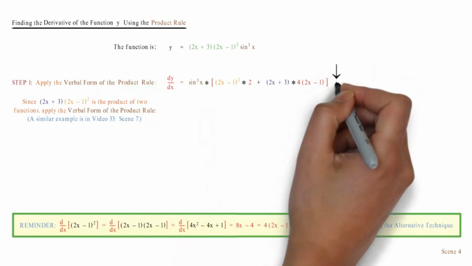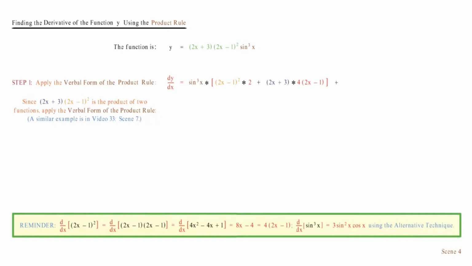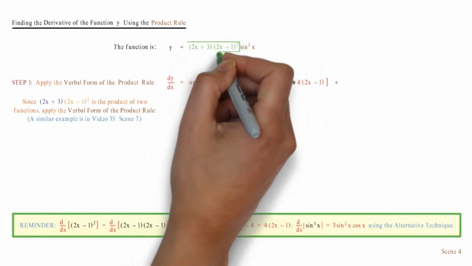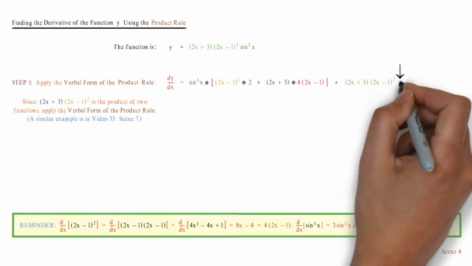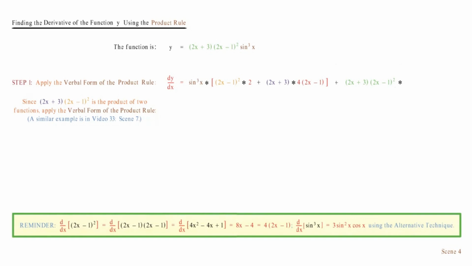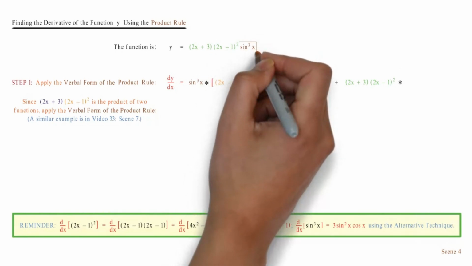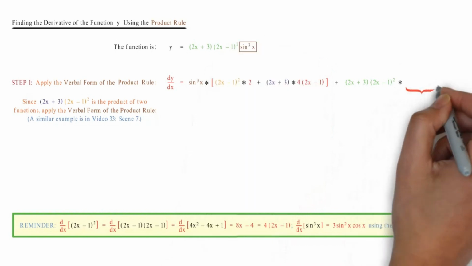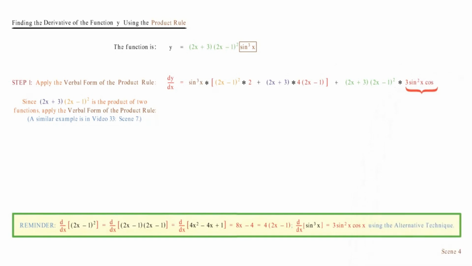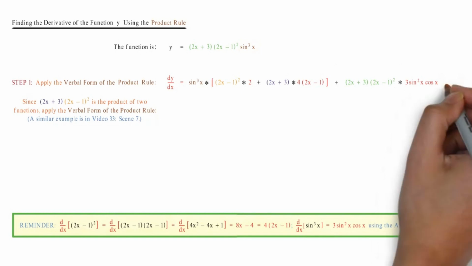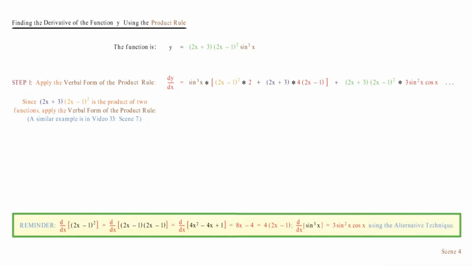Plus the first function is this expression, so substitute, times the derivative of the second function, the derivative of sine cubed of x, which is 3 sine squared of x cos of x. Call this equation equation 2.